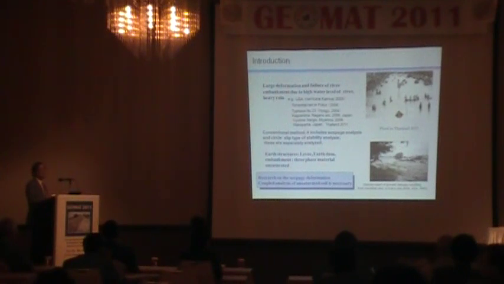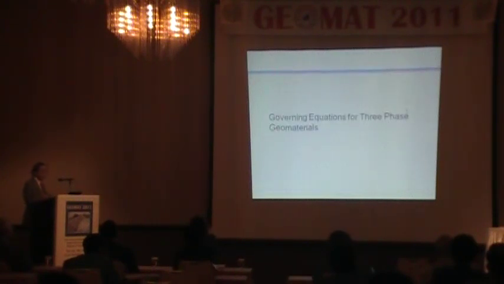In my opinion, we need more advanced methods to predict and evaluate the safety of river embankments and other structures. So we need research on seepage deformation coupled analysis for unsaturated soil to evaluate the safety of structures.